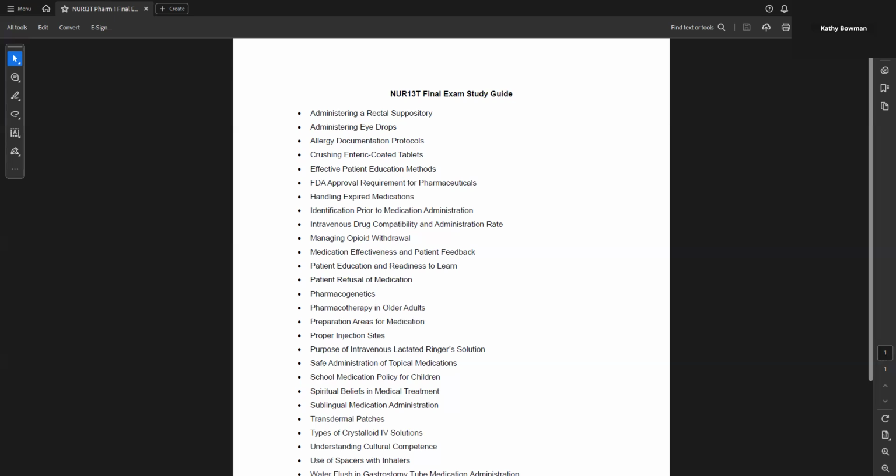So let's start with intradermal. Where do you inject intradermally? Intradermis, but what part of the body? What sites?